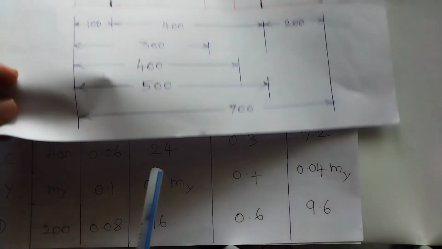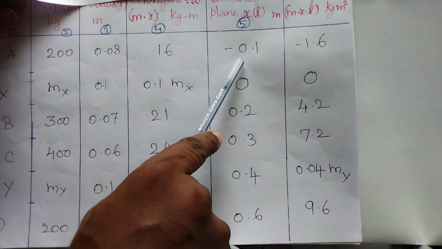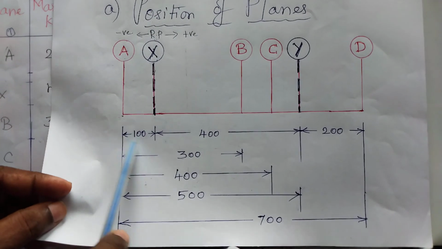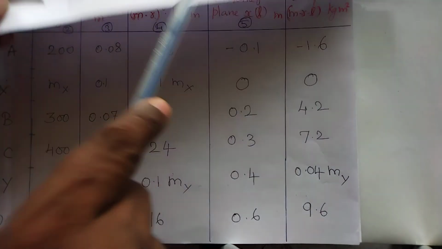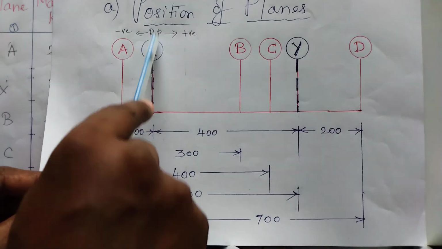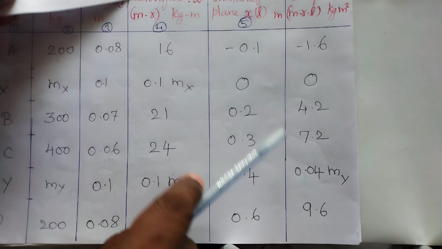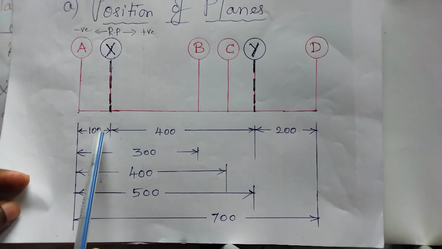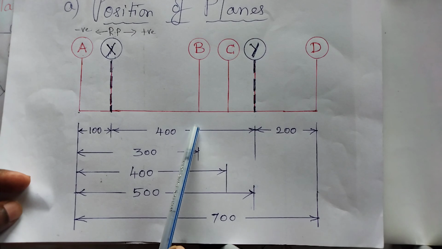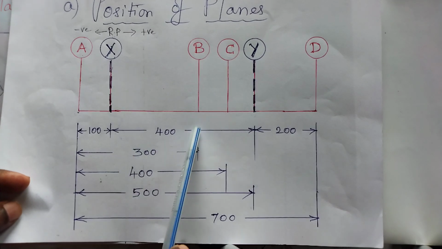So for the first mass, the distance is on the negative side, 100 mm. For the second one, since we are taking it itself as the reference, there is no distance, so we take it as 0.